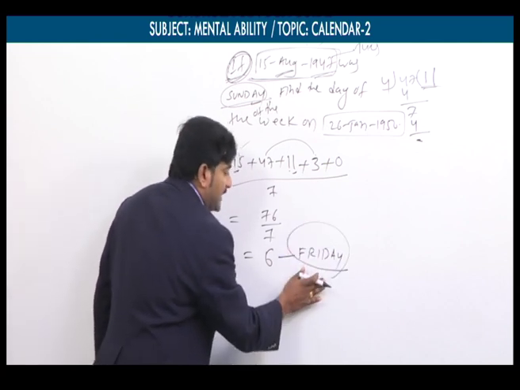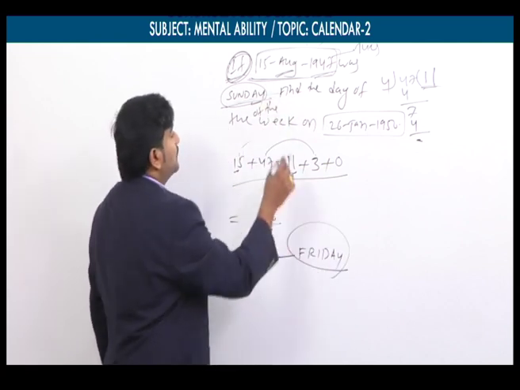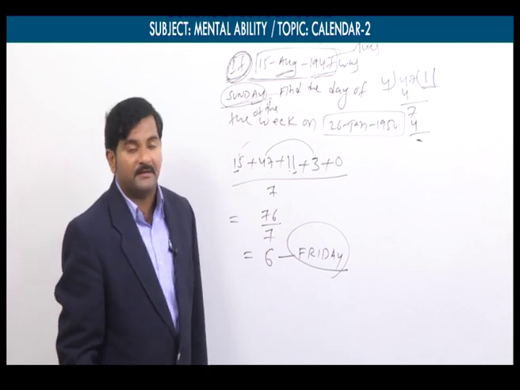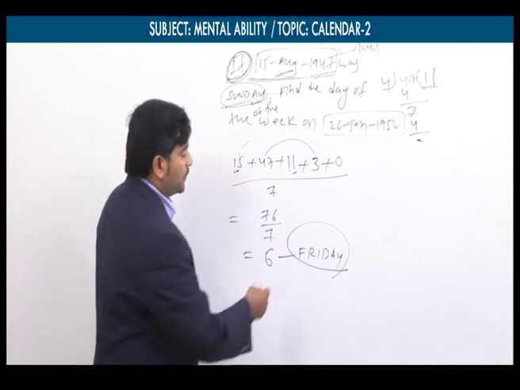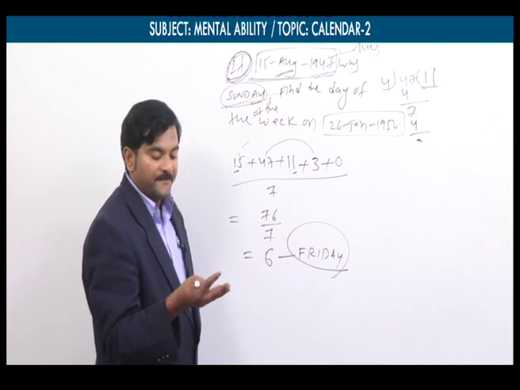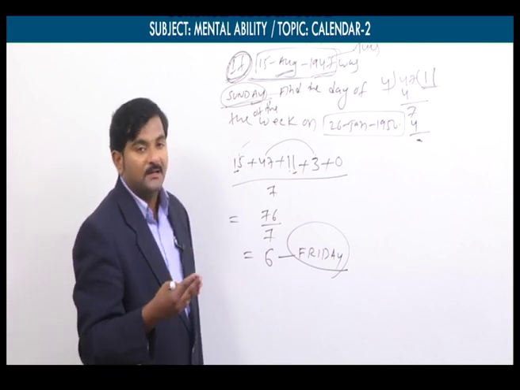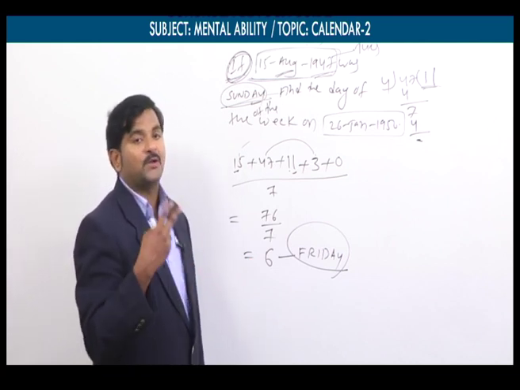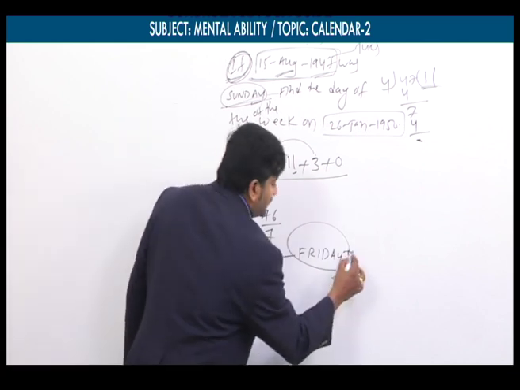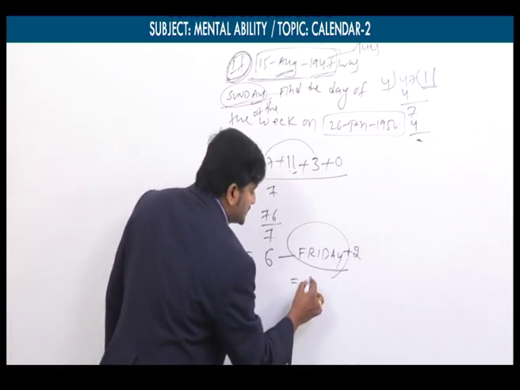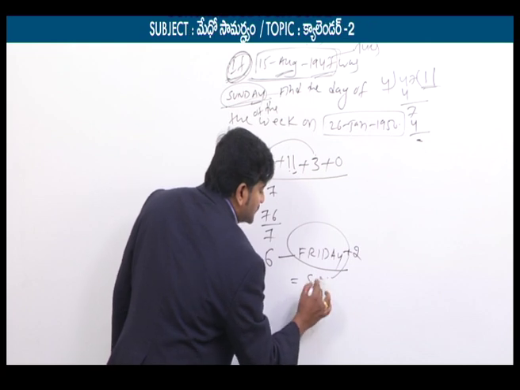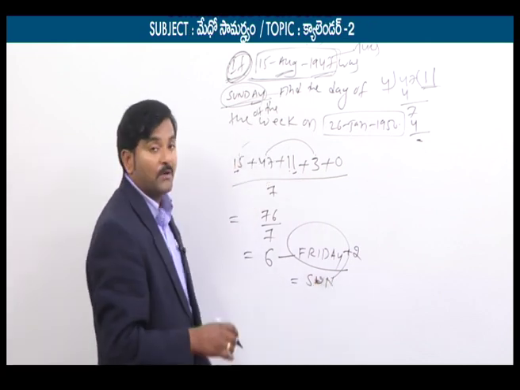This is the actual day. But in the question, what is given? Sunday is given. How many days do we need to add to get Sunday? Saturday, Sunday. To get Sunday from Friday, we need to add 2 days. That's why Friday plus these 2 days equals Sunday. Sunday I am getting.